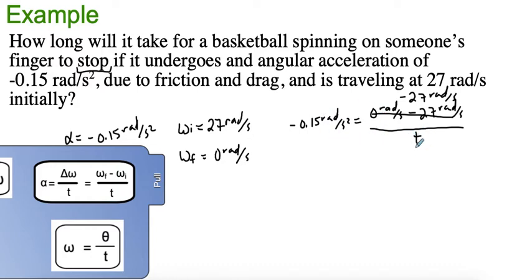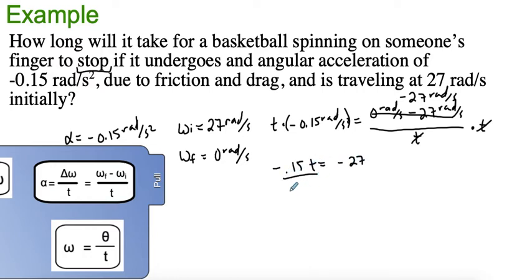Well, I never want to have a variable in the denominator, so I'm going to multiply both sides by time. That will take care of that variable down there. And then we have time times the negative 0.15. We can write that a little bit nicer: negative 0.15t equals negative 27.